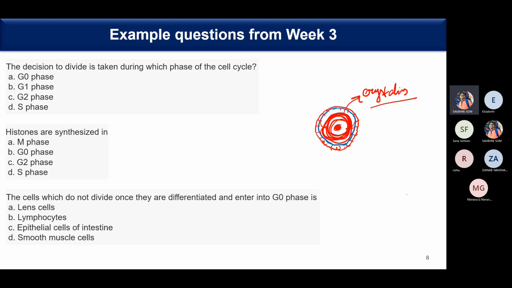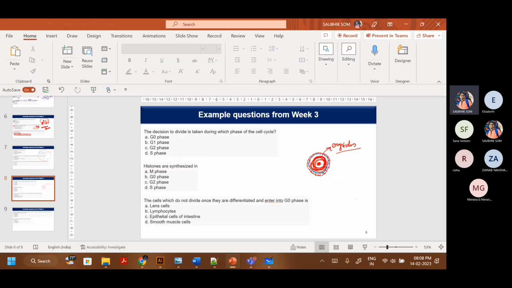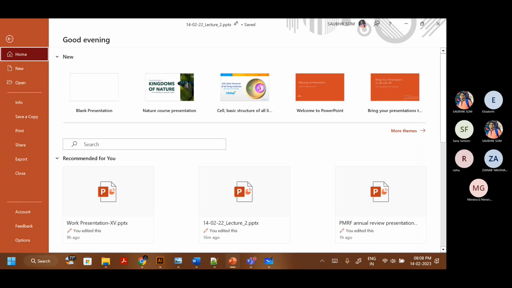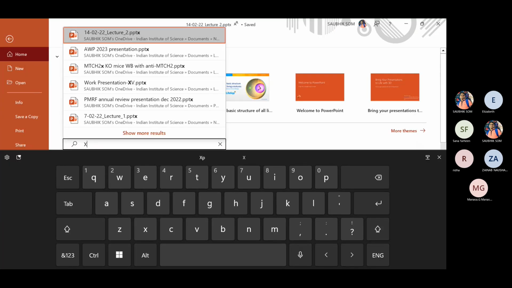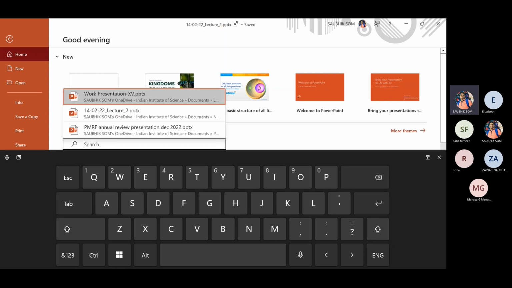Let me see if I can show you one of those. I should have a picture. Let me see if I can show you one of the lenses, that will be quite interesting. It should be here.